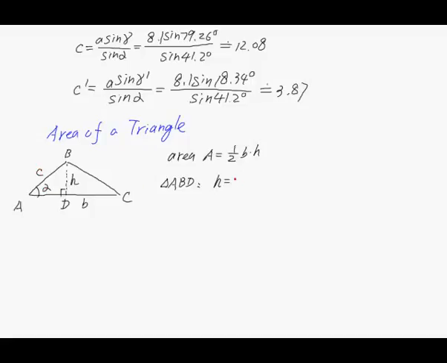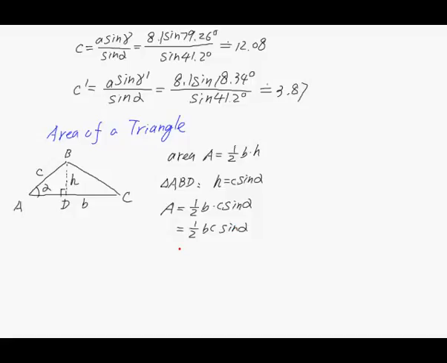So you have c times sine alpha. Then plugging this h into this expression for the area, you have the area equal to 1/2 times b, and then times c times sine alpha. And you arrange this, you have 1/2 bc sine alpha.